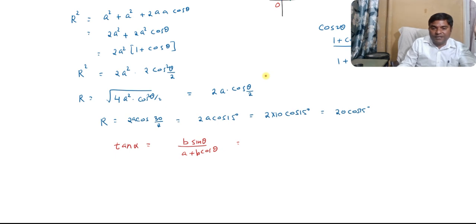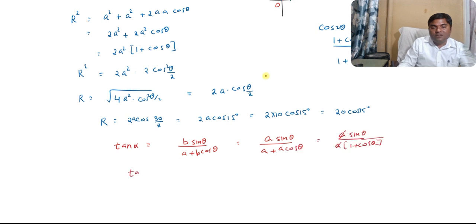So we can write a sin theta divided by a plus a cos theta. We can take a common, and we have 1 plus cos theta. Now we have this trigonometrical ratio which we have to solve.